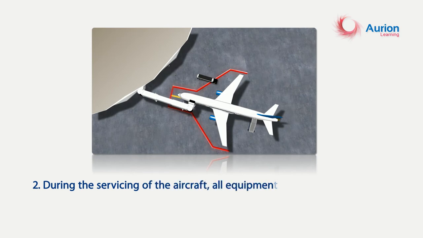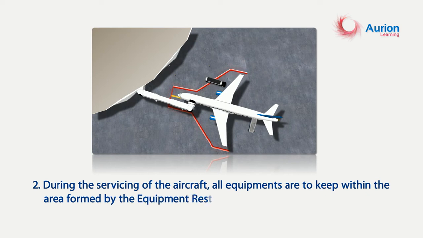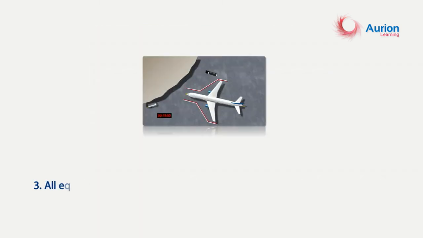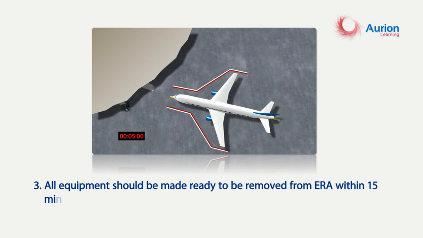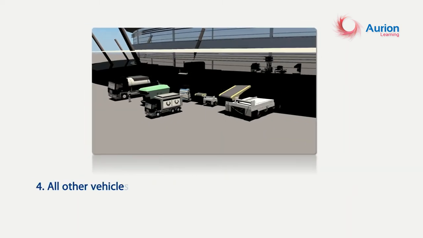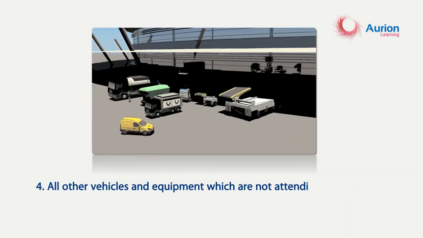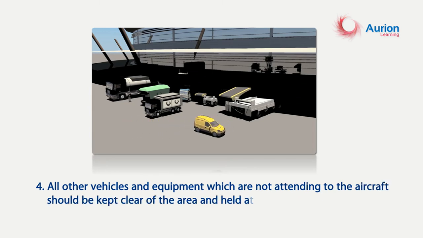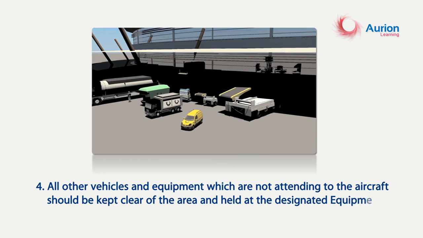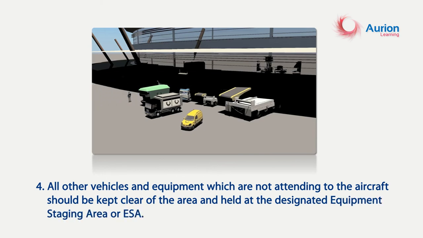During the servicing of the aircraft, all equipments are to keep within the area formed by the equipment restraint line. All equipment should be made ready to be removed from ERA within 15 minutes of aircraft departure. All other vehicles and equipment which are not attending to the aircraft should be kept clear of the area and held at the designated Equipment Staging Area or ESA.